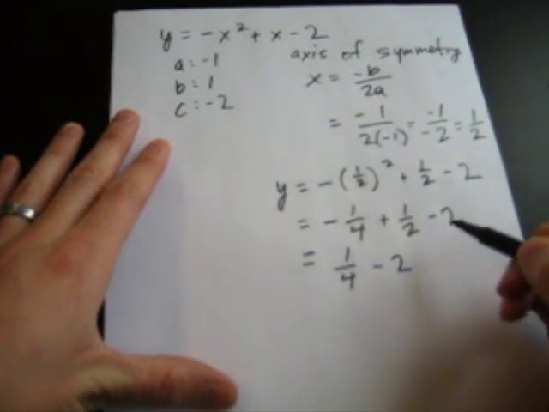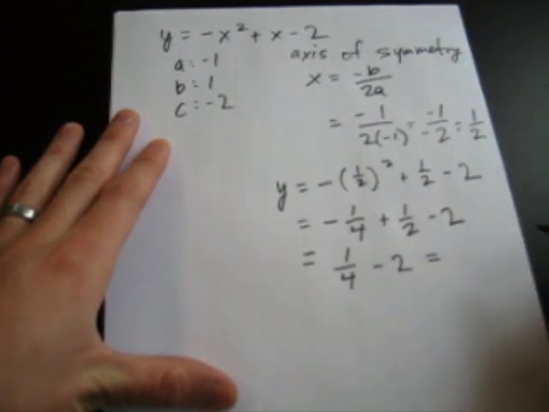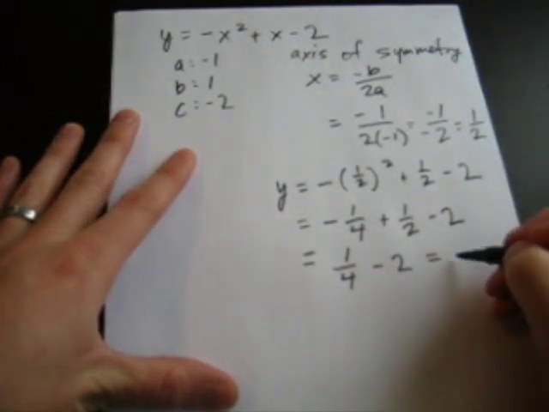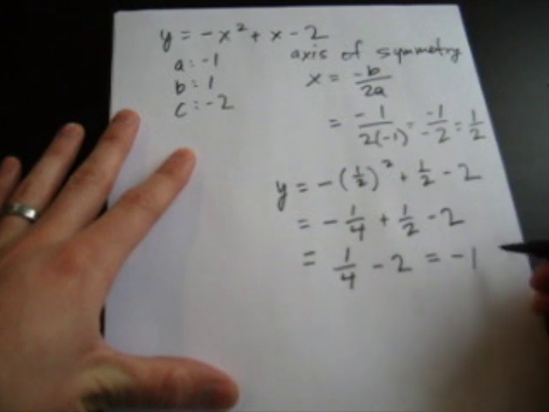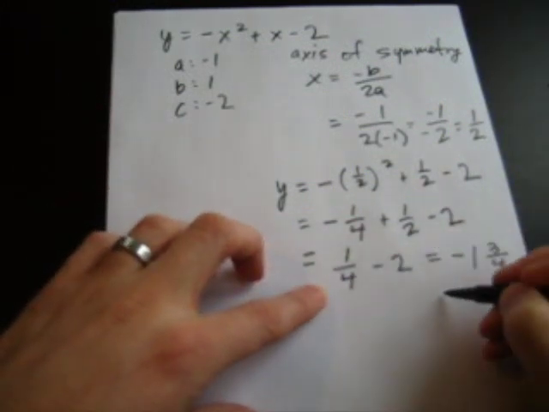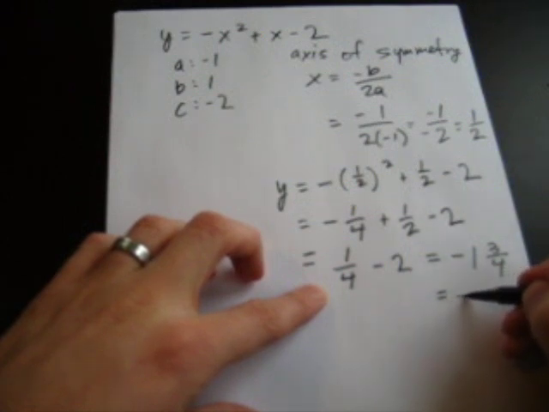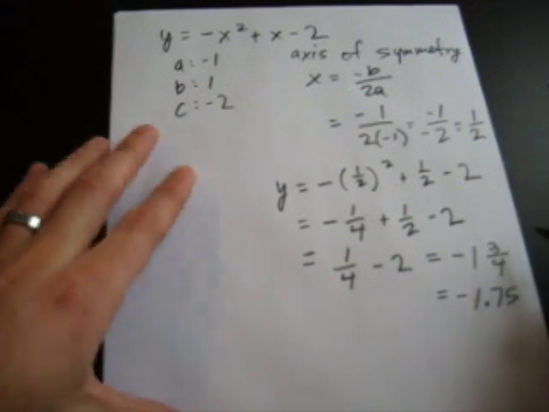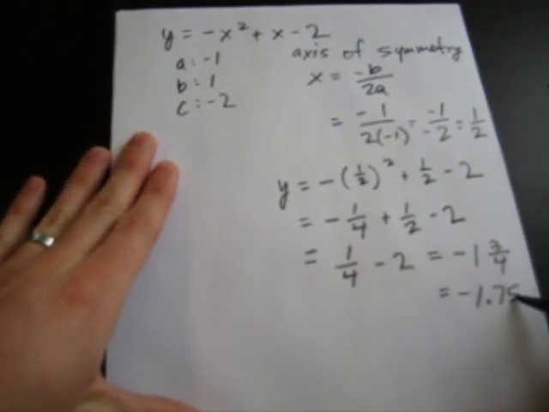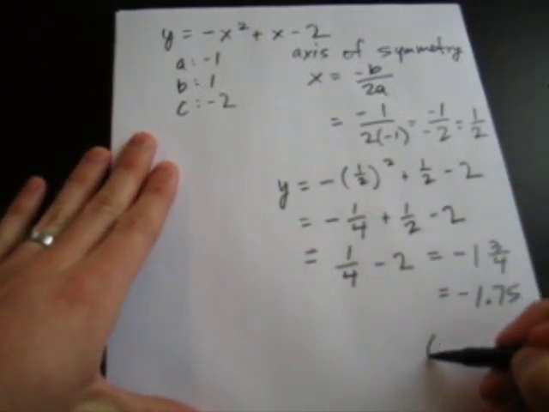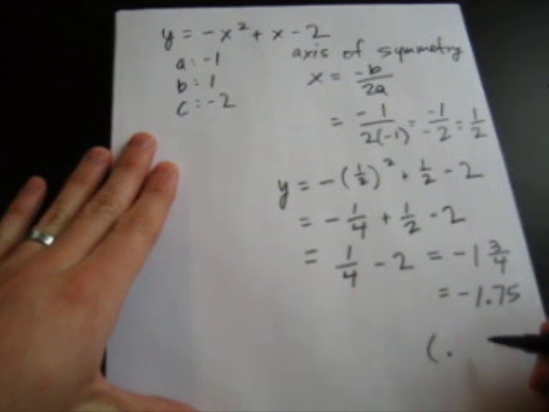And then minus 2 is going to leave us with negative 1 3/4. If you were to make these decimals, I think it would have been a little bit easier to know that that was going to be negative 1.75 if you would rather do it that way. Our vertex then, there's our y, here's our x. Let's write these just both as decimals. Half and negative 1.75.